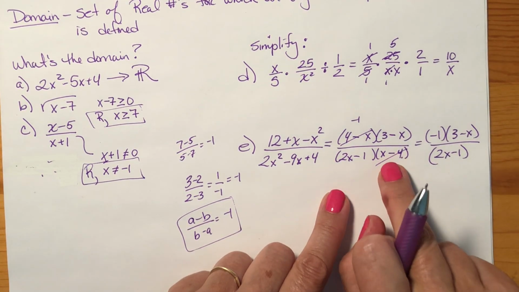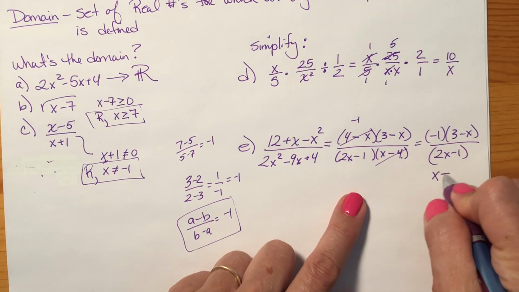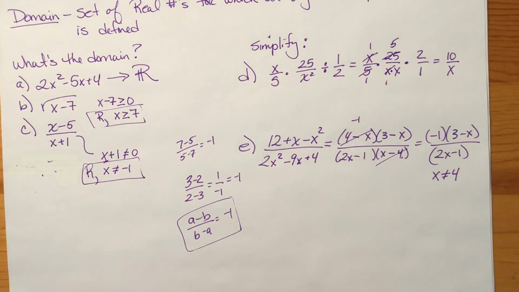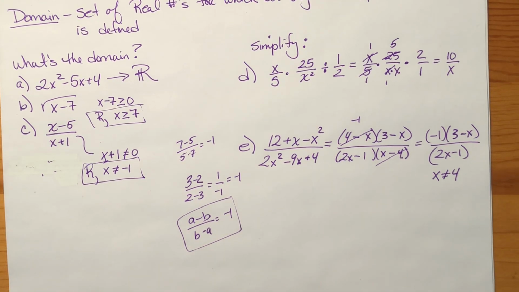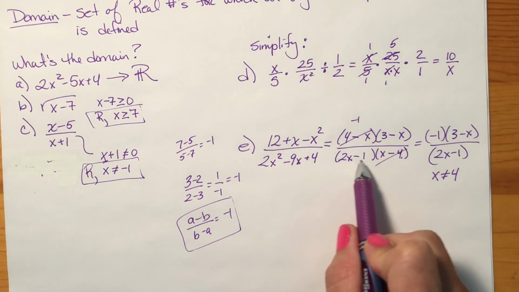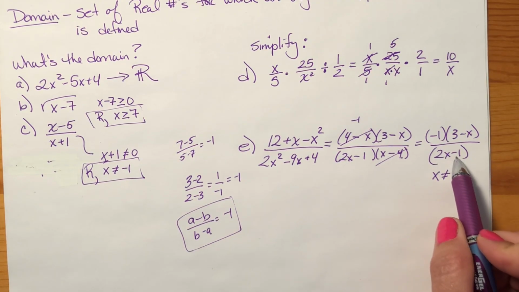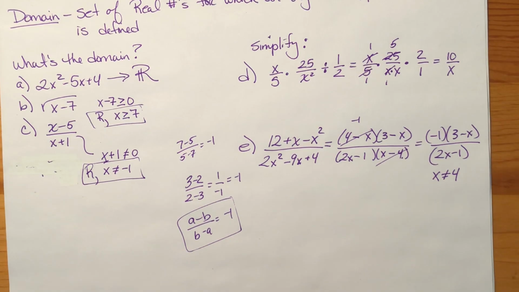But because I crossed out this x minus 4, I need to tell my reader, hey, x cannot equal 4, because that's going to put a 0 into my denominator, and we just can't do it. So if you divide out a factor of the denominator, include it in your answer. It's implied here that x cannot be 1/2, because we still have 2x minus 1 in the denominator. But as soon as you divide something out, you've got to move it.